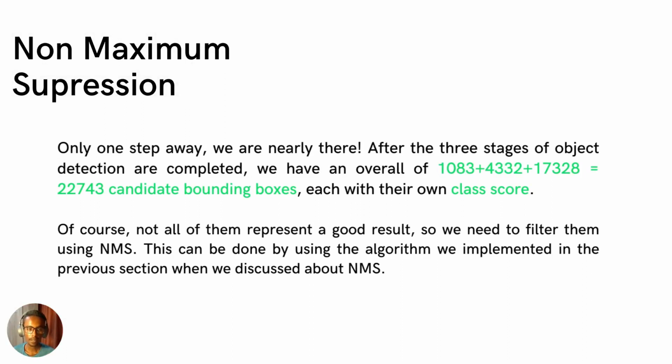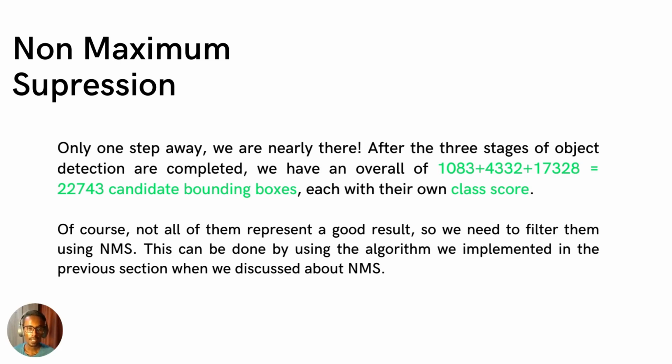Finally, after we have detected and predicted all of the bounding boxes from the 3 different stages, there is only one step left. After the 3 stages of object detection are completed, we have an overall of 1,083 plus 4,332 plus 17,328 bounding box predictions.